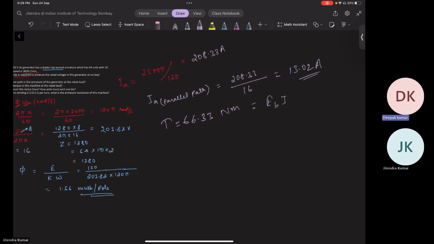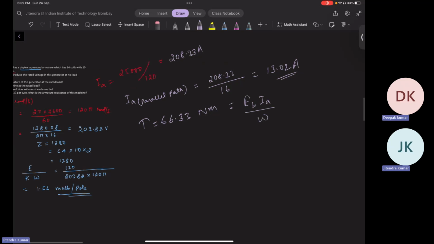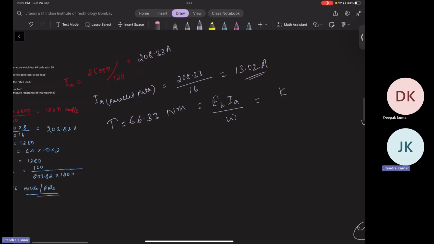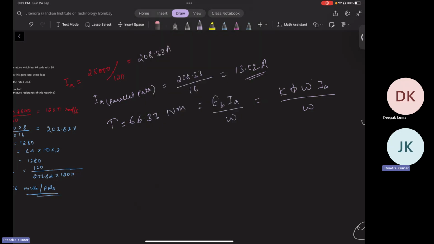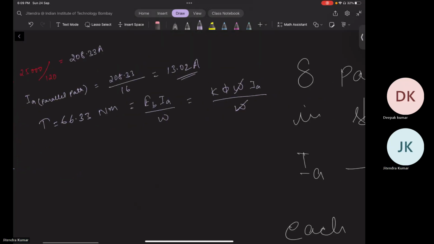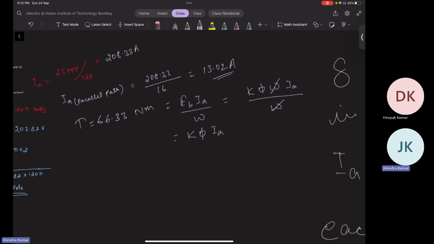EB IA by omega, and EB is nothing but K phi omega into IA divided by omega. So here omega and omega will be cancelled, right? So of course we will be left over with K phi IA, which is the expression of torque. We already know it, and the value of K is ZP by 2 pi A, right?